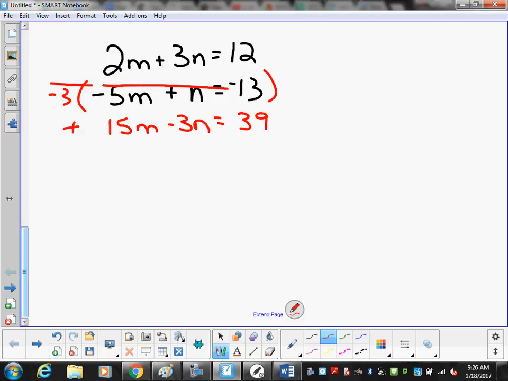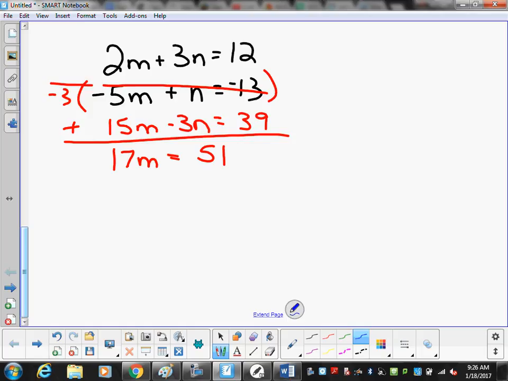And so I have 17m equals 51. If I add the 2 and the 15, I get 17, the 12 and the 39, I get 51. Okay. And so then you get into the next piece, and you solve for the m.